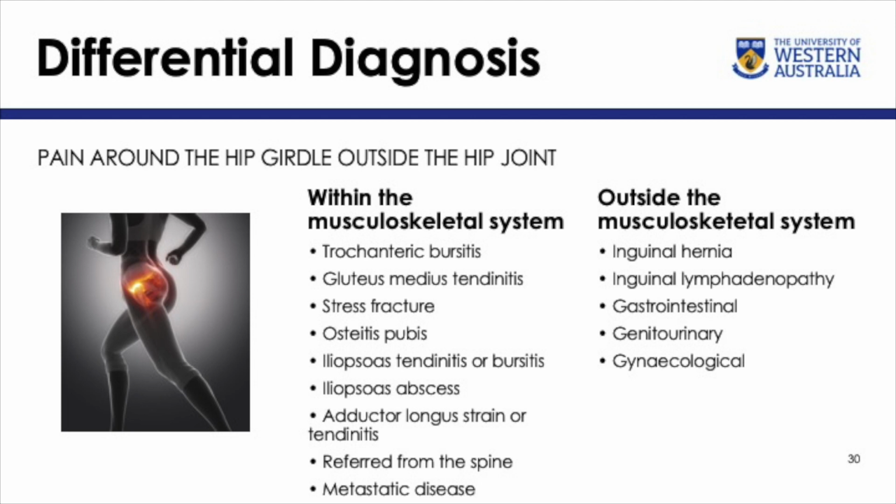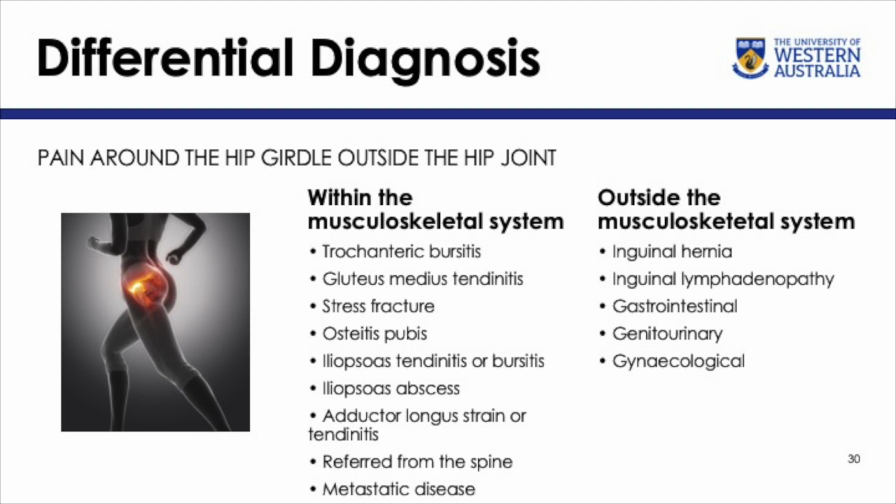We should consider stress fractures of the proximal femur, osteitis pubis, iliopsoas tendonitis or bursitis, an iliopsoas abscess, adductor tendon strains or inflammation.